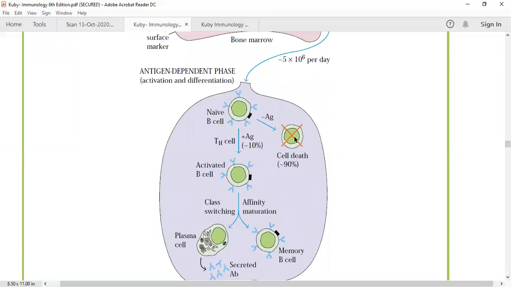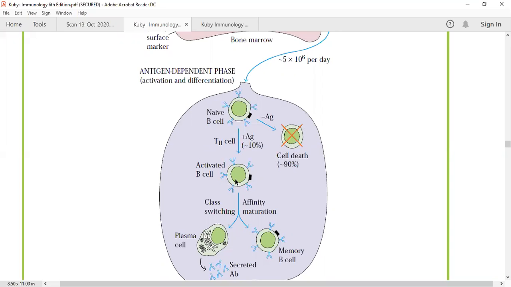We have discussed in our previous classes a lot about all these events, how a large population of either B cells or T cells will die by apoptosis. Only a few cells, a little percentage, 5 to 10% will survive, and they are responsible for defending our body against any kind of threat.